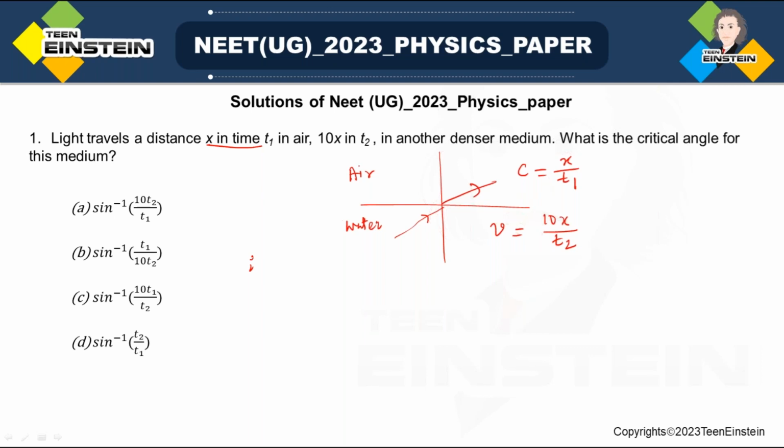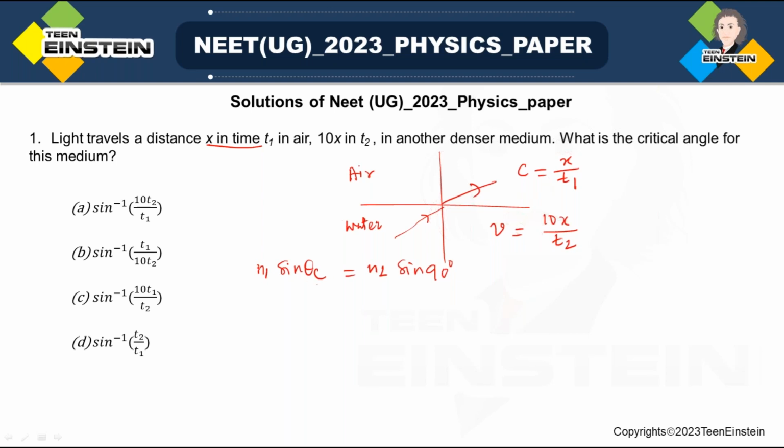So from Snell's law we can write, let us say the refractive index of the water is n1, sine theta c is equal to n2 sine 90 degree.